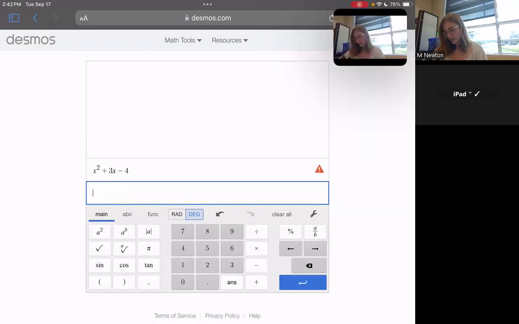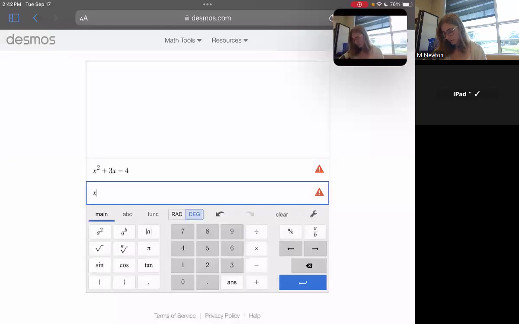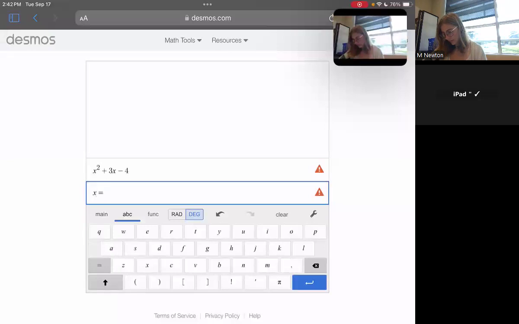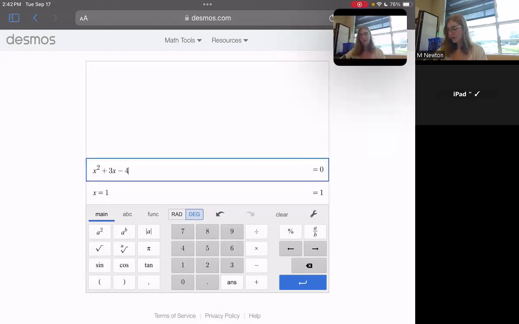And then we're just going to do x equals 1. Since you can see on the top equation there equals 0, that means it will be an actual 0.